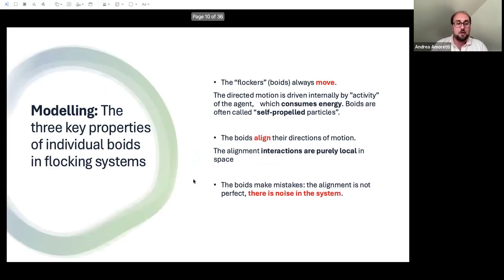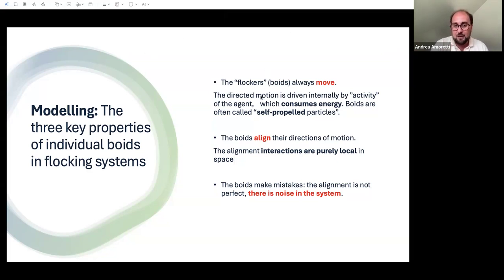Again, given that we have classified the possible kinds of active matter and possible kinds of interaction in those categories, now our aim is to model this system. We need to extract the basic properties that any system of polar active matter has to present.